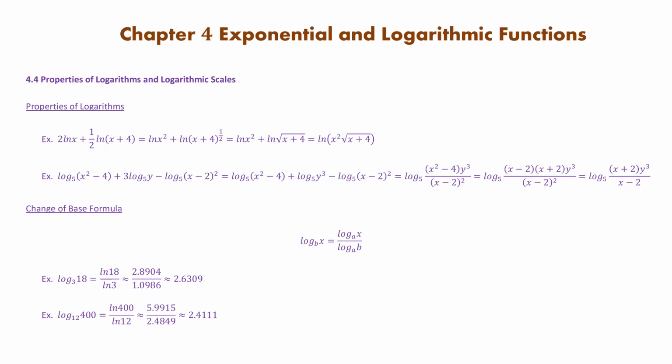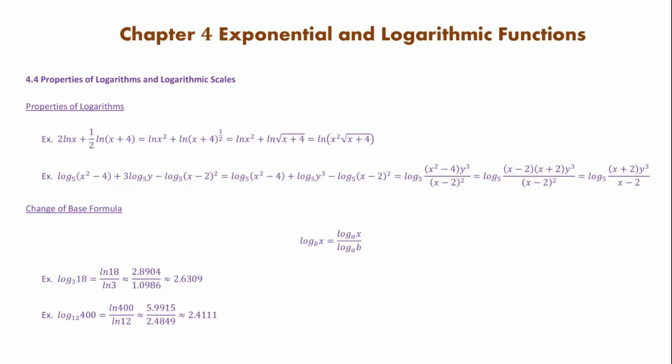The first example we have is 2 ln x plus 1 half ln of x plus 4. We can combine these two logarithms into one because they have the same base e. But we have to rewrite each term in a different expression to start.